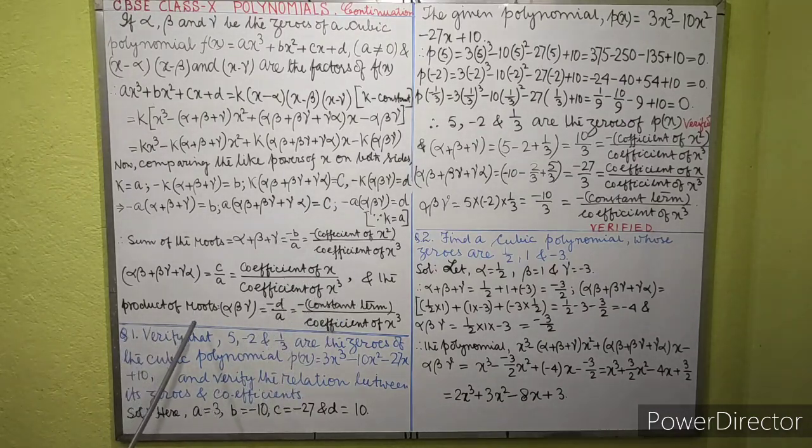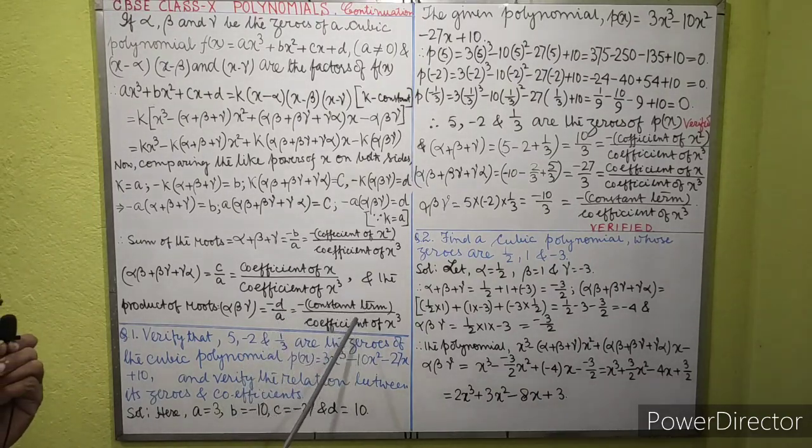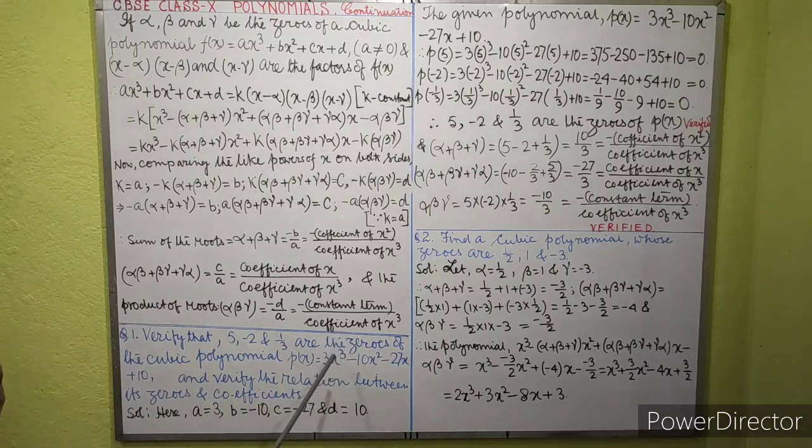And the product of the roots, alpha into beta into gamma, equal to minus d by a, that is minus constant term by coefficient of x cube. If you go through this formula, then you can easily solve all the problems regarding cubic polynomials.